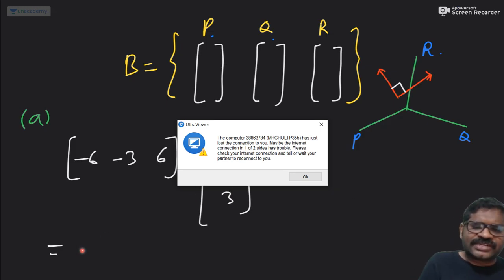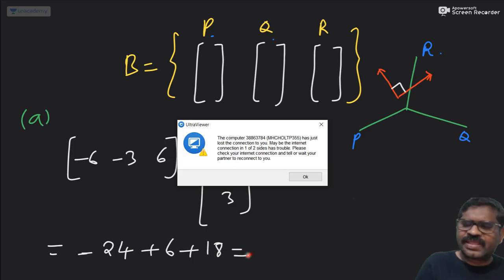What is the result? -24 + 6 + 18, that is 0. Dot product is 0. Therefore, the first option is correct.